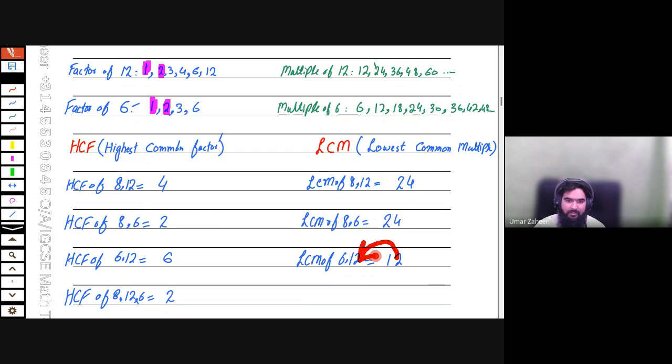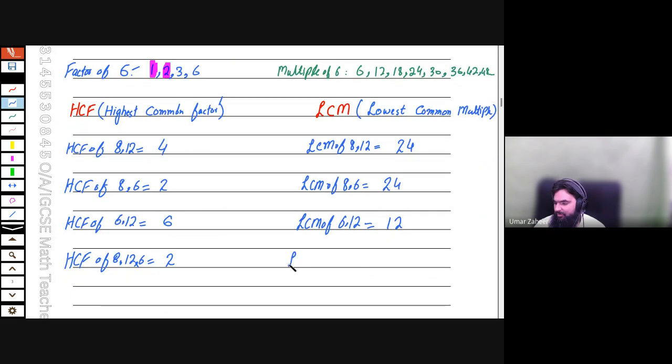It means the LCM can never be less than this number. If you have 12, the bigger number is 12, so the LCM of two numbers can never be less than 12. In the same way, we are going to talk about the LCM of 8, 12, and 6.